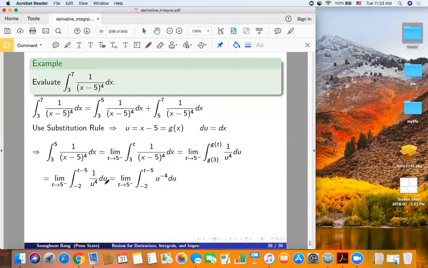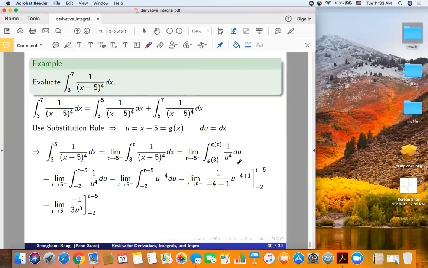So next, change 1 over u to the 4 into u to the minus 4. Find the antiderivative by using the power rule: 1 over (negative 4 plus 1), u to the minus 4 plus 1, from negative 2 to t minus 5. Limit as t approaches 5 from the left.